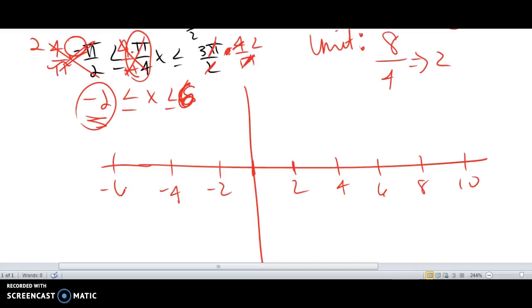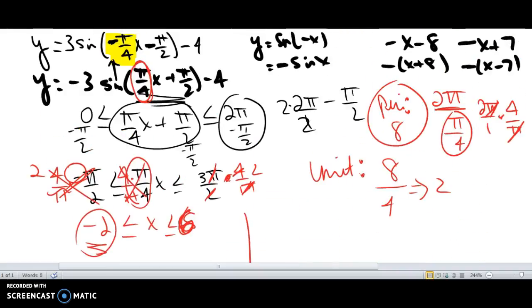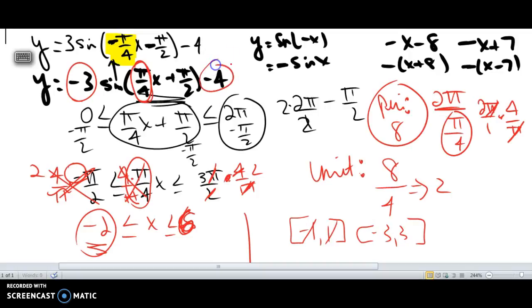All right, so now as far as figuring out your y values, we can go back and look at what the range would be. Again, it would have been -1 to 1, but then the 3, just the amplitude, would make that -3 to 3. We don't worry about the sign with amplitude. And then we have this -4 that's going to shift it.